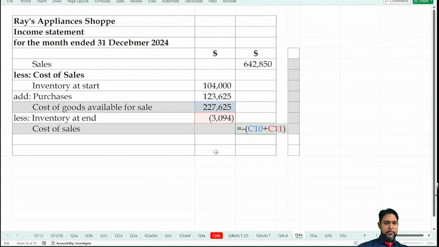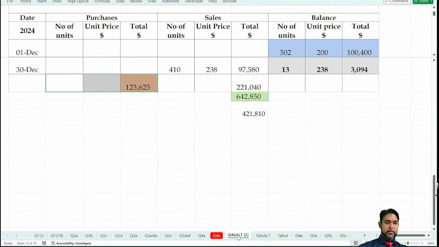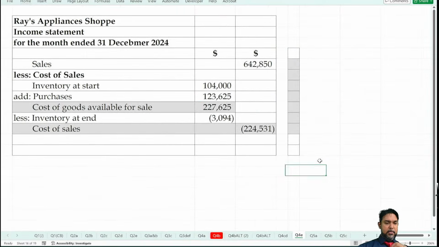$224,531. That's what you said. 224,531. Something's off. Oh, I see exactly what it is. 100,400. I had 104,000. All right, so let's just check it again. The inventory at start was 100,400. Purchases 123,625. Cool.